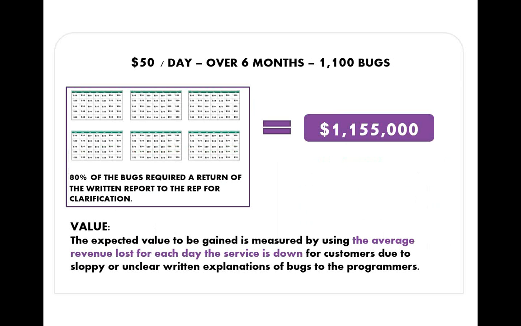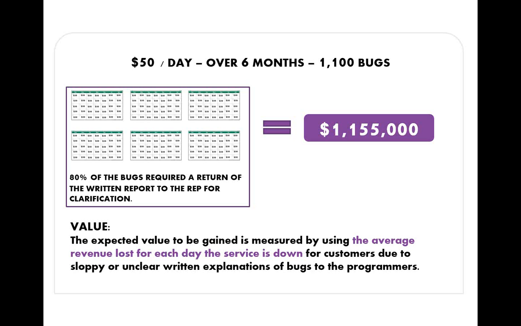But the problem is they're not written very well, so they get turned back and forth and back and forth. By the time we get them all done, the average is 21 days before the bugs get fixed. With an average of 50 days, that's what it costs us, 50 days for each bug, over 6 months and 1,100 bugs, it's cost us a little over $1.1 million.